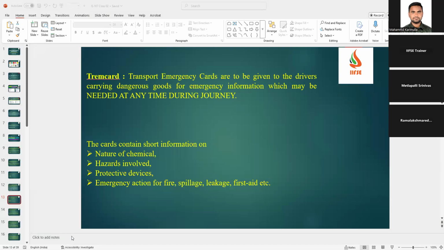Like secondary containment, sir? Secondary containment will not be there, because the tanker carries a huge quantity, 10,000 liter, 20,000 liter, 40,000 liter. Only the minimum for any pinholes or any leakage at the valve area. In those areas, they have an emergency kit to contain small spills.